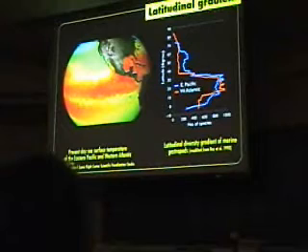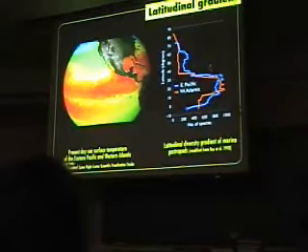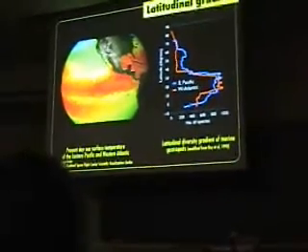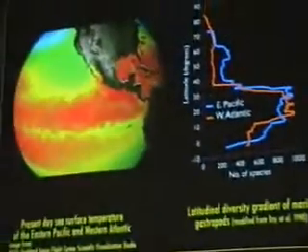So I mentioned before that this thermal gradient, this change from warm waters in the tropics to cooler waters, represented by the blue and green colors in this map, affects the organisms, and it not only affects the distribution, but it also affects a number of different species that we see.